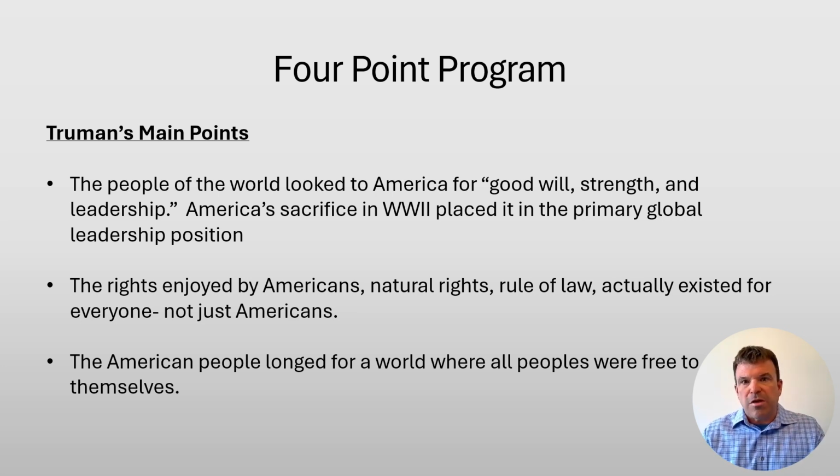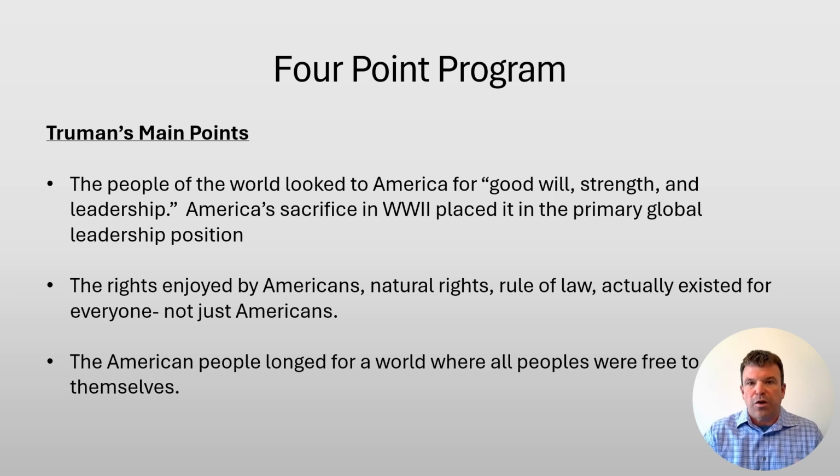And Truman also took it to another level, where the sacrifices that America had made in order to free the world from slavery put America in a position where they had the power to help shape this new world order. Truman also said that the rights enjoyed by Americans, the natural rights codified in the Bill of Rights, those rights of the rule of law, didn't just exist for Americans, but were global rights enjoyed by all people.